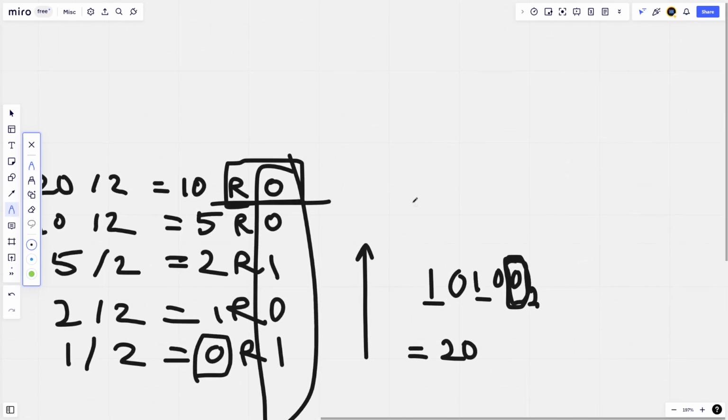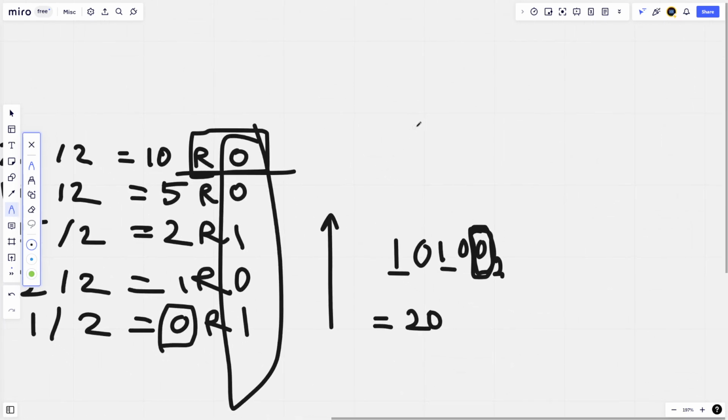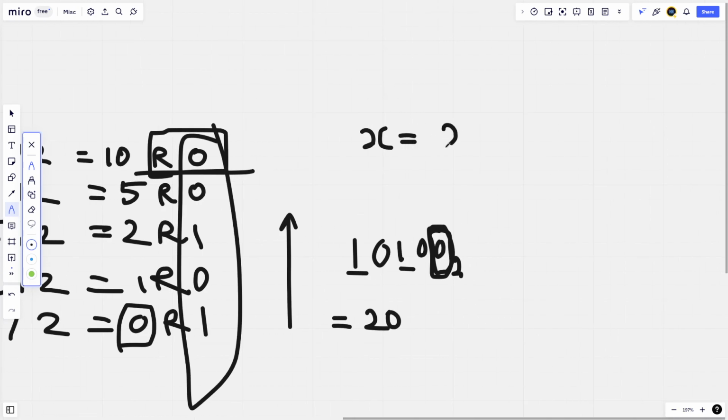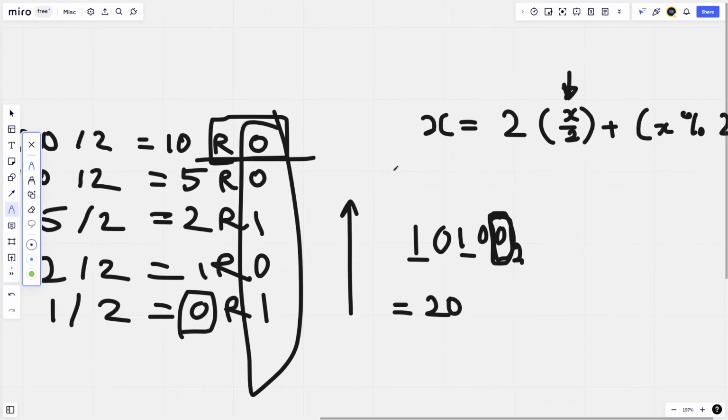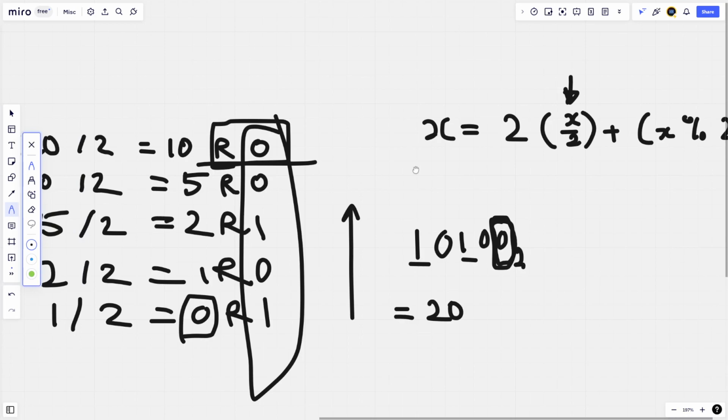And then we observe that x is equal to 2 times x over 2 plus x mod 2, where this here is the floor division. And here's another important thing to notice. When you multiply a number by 10 in base 10, you put a 0 at the end.